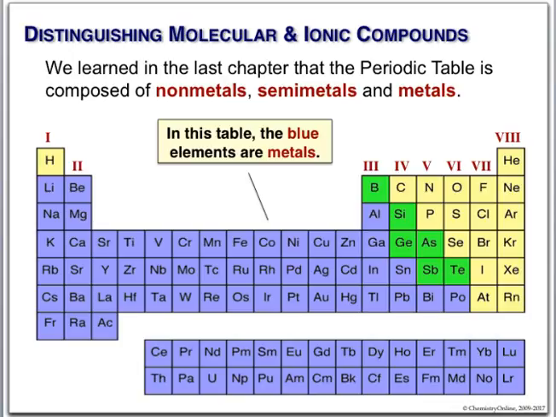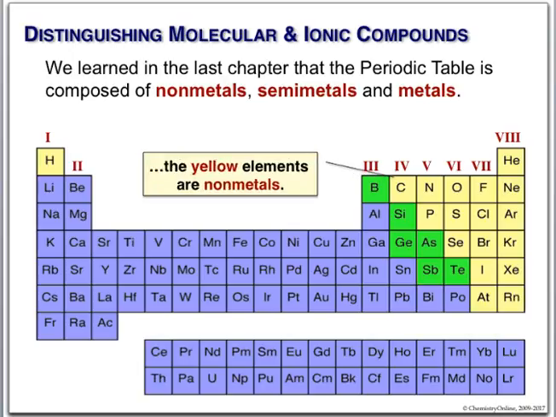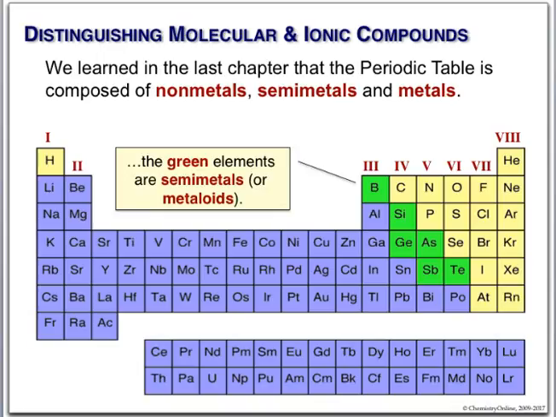Over here we had the yellow elements, and we said that those were nonmetals. Metals conduct electricity, they're malleable. Nonmetals do not conduct electricity, and they tend to be fragile and they shatter. In between the two, we have a little group of green guys here that we called semimetals. Silicon is a semiconductor. Germanium, a semiconductor. In between metals and nonmetals.